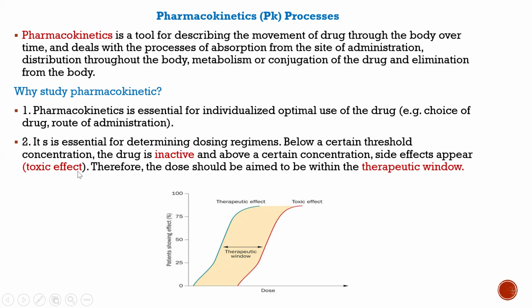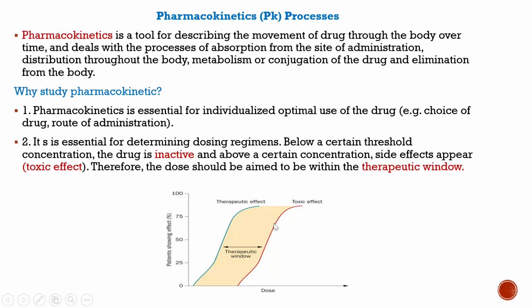Below a threshold concentration, the drug is inactive, and above a certain concentration, side effects appear, which is called the toxic effect. Therefore, the dose should be aimed to remain within the therapeutic window. So this is just telling us that if a drug is administered at less than the amount that gives the therapeutic effect, it means that the drug will be inactive or will not elicit its efficacy.